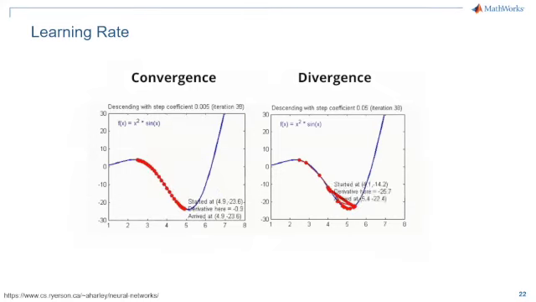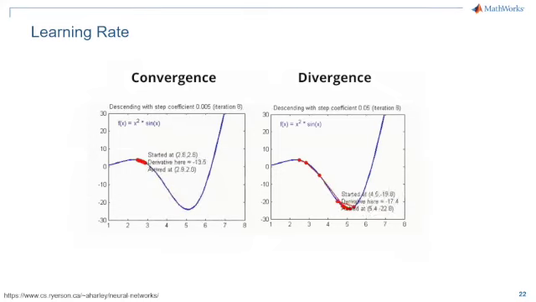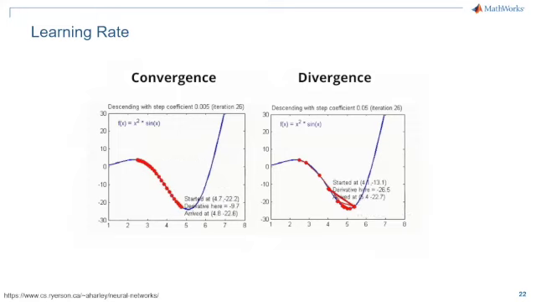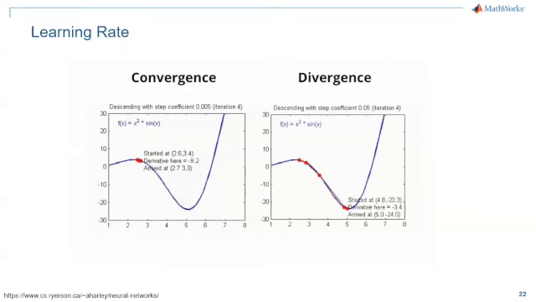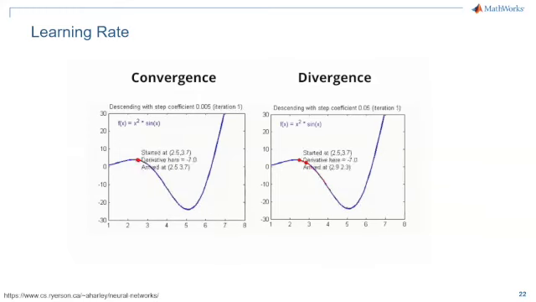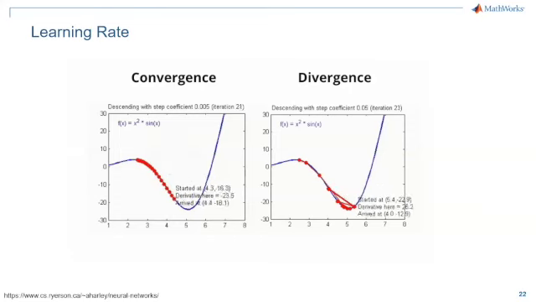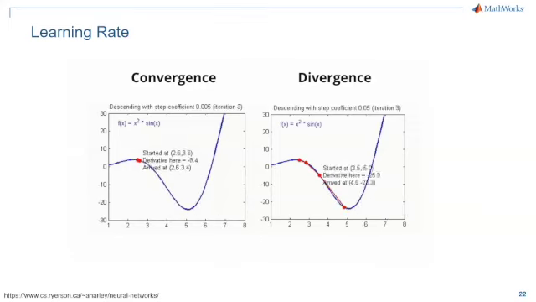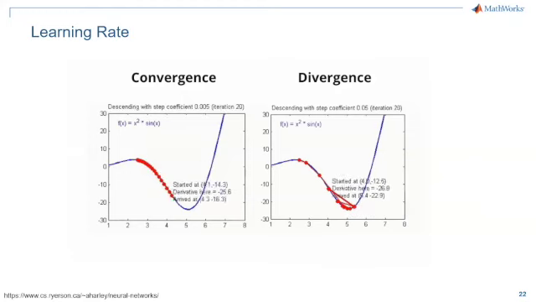In the left case, you see the algorithm successfully finding a local minimum of this function, but you cannot be sure this is the global minimum, because the function continues. In the right image, you see the step coefficient, the learning rate, is too high. So the algorithm bounces around the local value without finding it. So you have two things here.